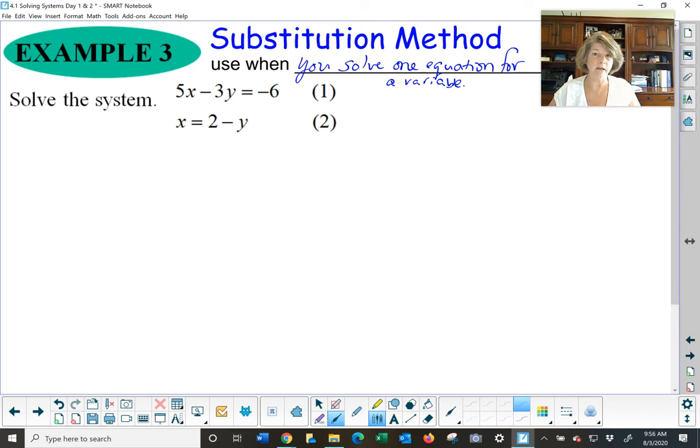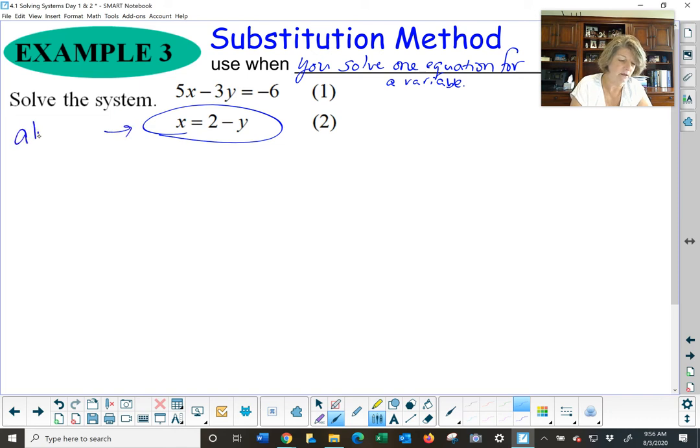Or perhaps I can see that it would be easier and I might choose to solve it for y. So let's look at our equations 1 and 2. They're numbered for us. Which one do you think would be easy to use as our substitutor? Well, I'm looking at equation 2 because it's already solved. Wow, that's a gift. So this is already solved for x.